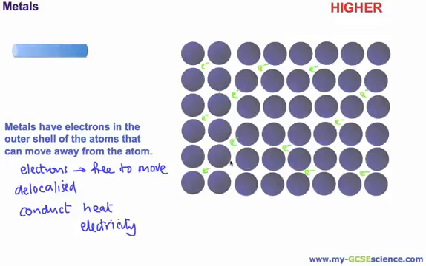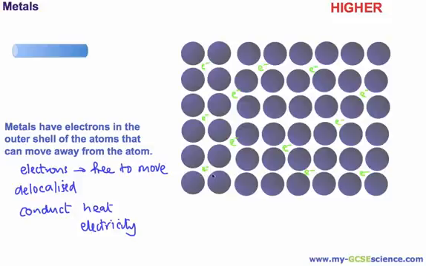Now, in terms of conducting heat, we know that when we heat metal, the atoms are able to vibrate a bit more vigorously and bump into their neighbors. And if the atoms are in very neat rows and columns, that's very easy for them to bump into each other. If, however, there's an alloy, it's less easy for them to bump into each other, but we still have these electrons that are free, delocalized, and able to move around, and these are key in helping a metal conduct heat.